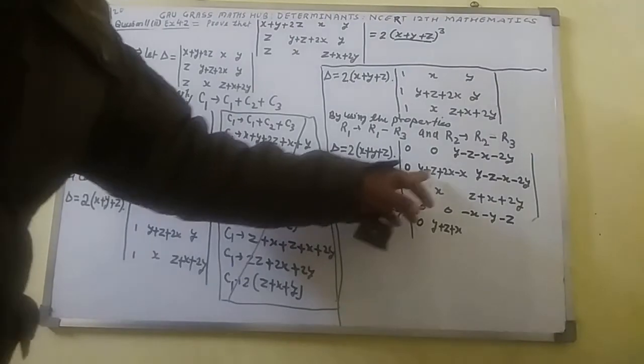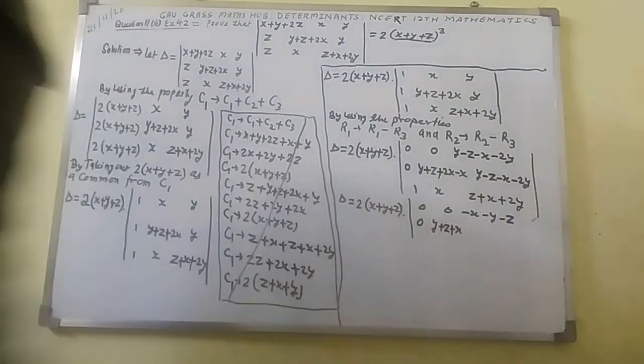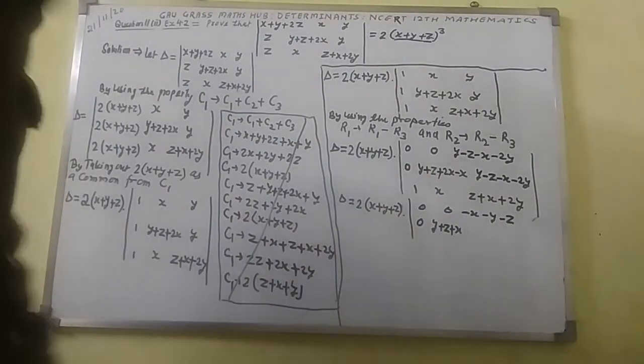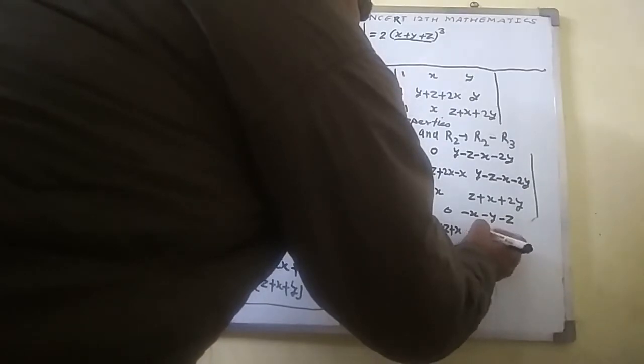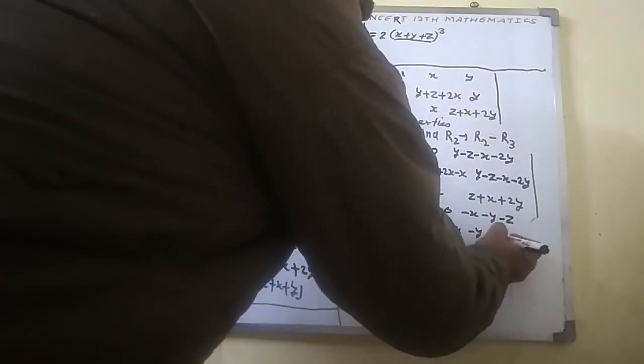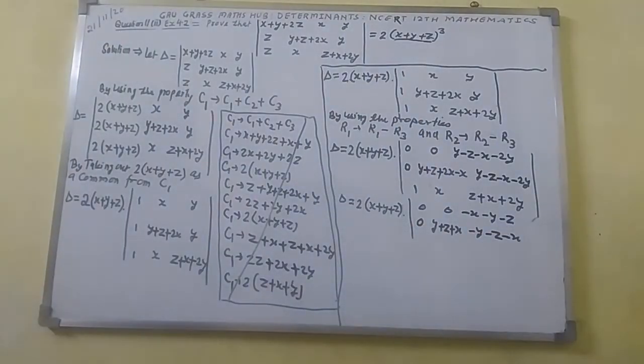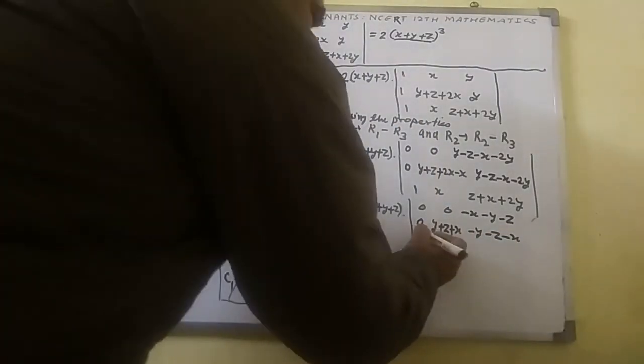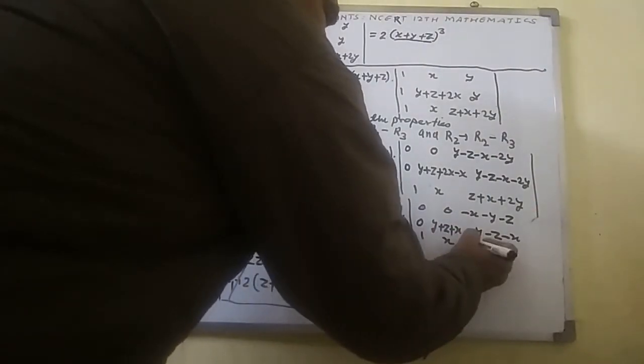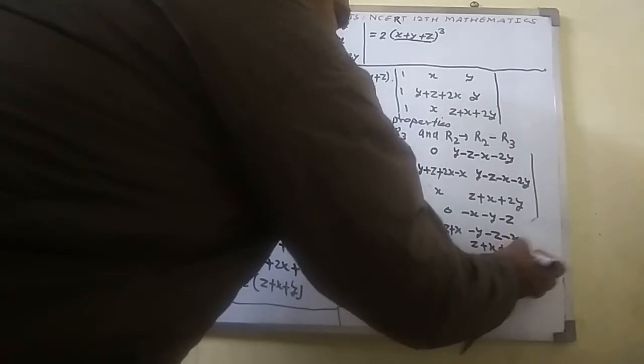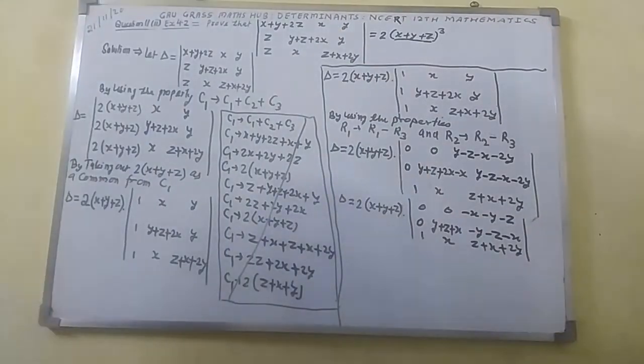Same thing, y plus z plus x, and here we will get plus y minus 2y, will get here minus y minus z minus x. This thing will get here, and here we will get 1, x, z plus x plus 2y. This thing you will get here.